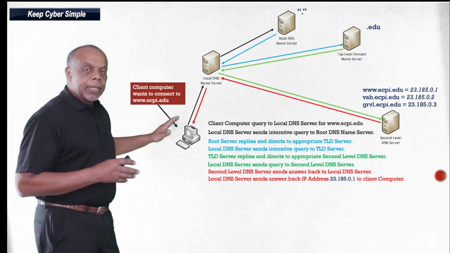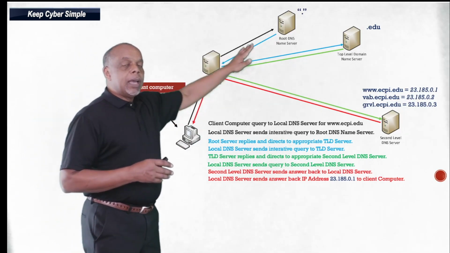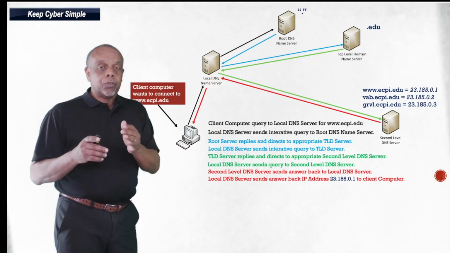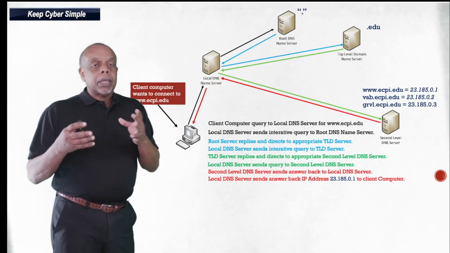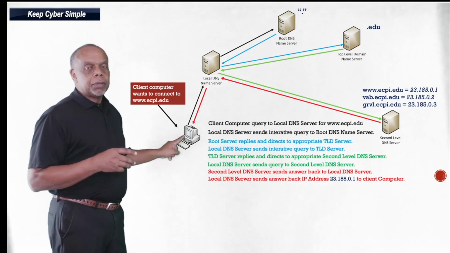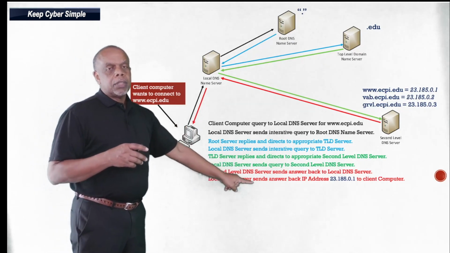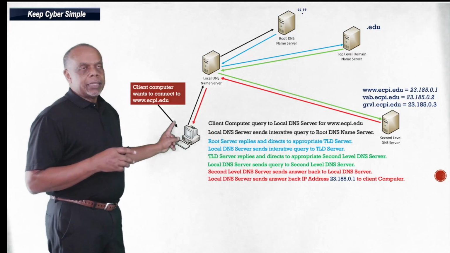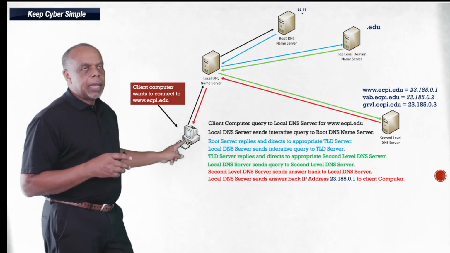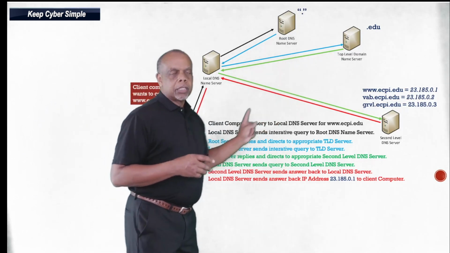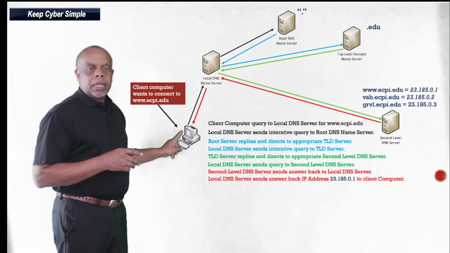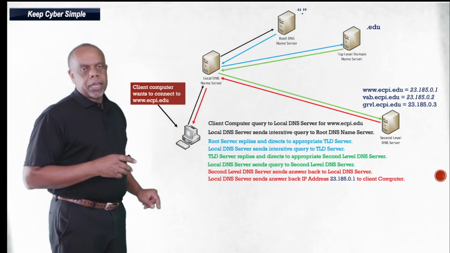So you see how many handshakes happen every time you go to a website that you haven't been to before. What's going to happen locally in the cache on my computer is that it's going to store this IP address that's resolved with ECPI.edu. That way, the next time I go to ECPI, I don't have to do these handshakes, because 23.185.0.1 is stored locally here in cache.